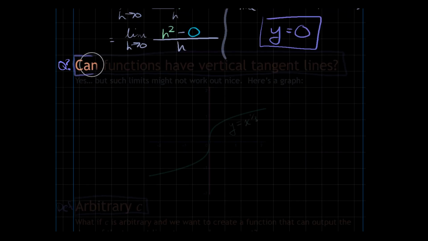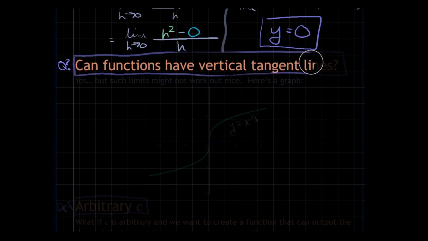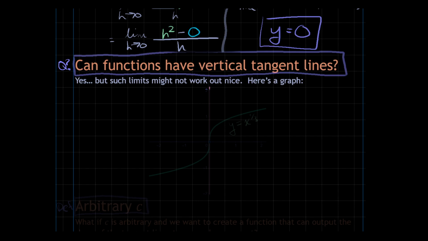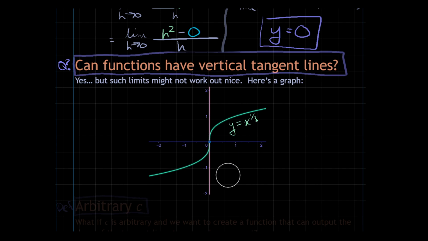What about vertical tangent lines? Can they have vertical tangent lines? Yeah, but sometimes those limits aren't as easy to evaluate. So I'll show you a graph, but I'm going to spare you the gory details of doing that limit for now.